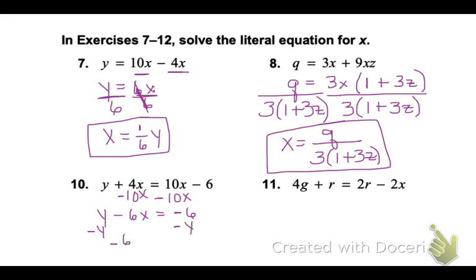So negative 6x is equal to, we have negative y minus 6, and now I'm dividing by a negative 6, and everything gets divided by the negative 6, both terms. So what we're left with is x is equal to, and when we take a negative 1y divided by negative 6, we have a positive 1 over 6y, and a negative 6 divided by a negative 6 is a positive 1.